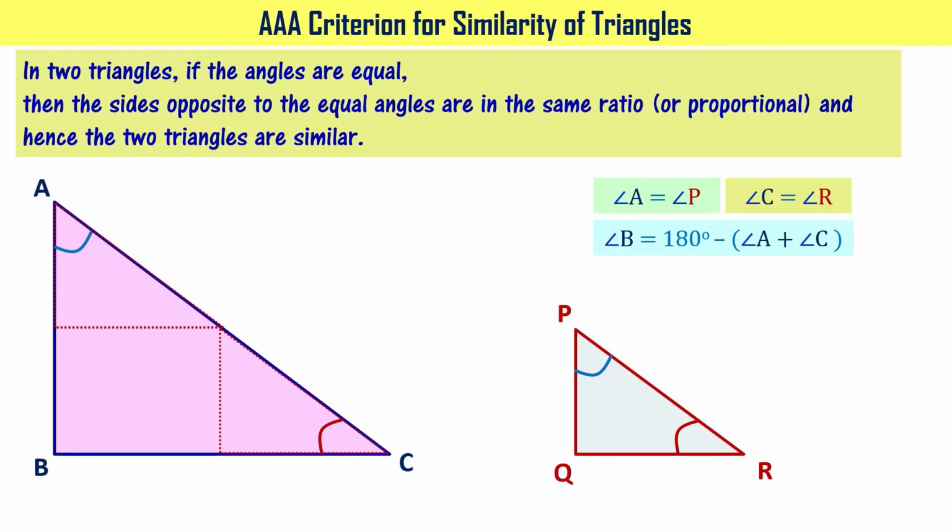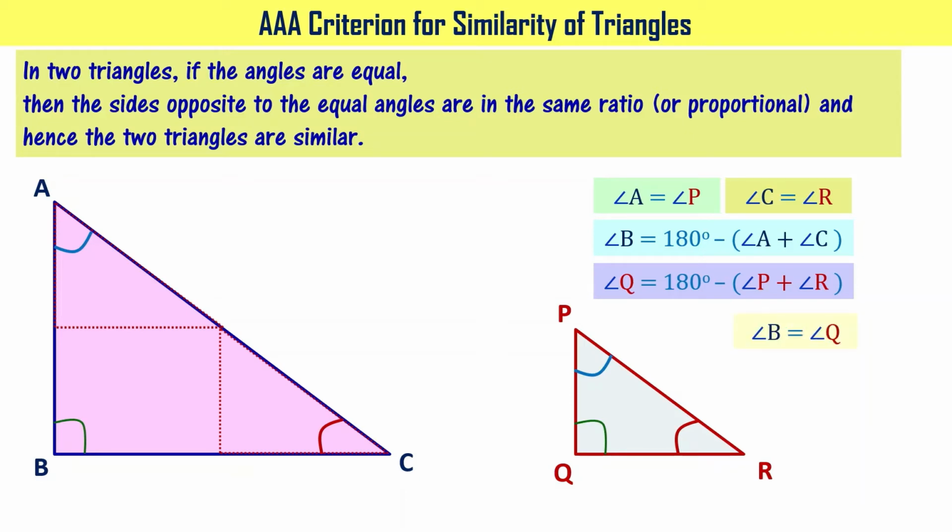Similarly, for triangle PQR, I can write angle Q equal to 180 degrees minus angle P plus angle R. We have already seen that angle A equal to angle P and angle C equal to angle R, right? If you substitute that into any of these angle B and angle Q equations and compare them, you will get angle B equal to angle Q.